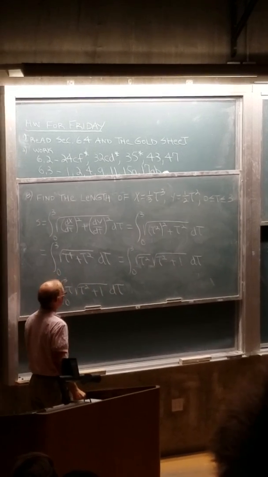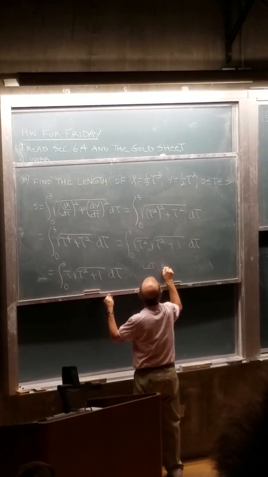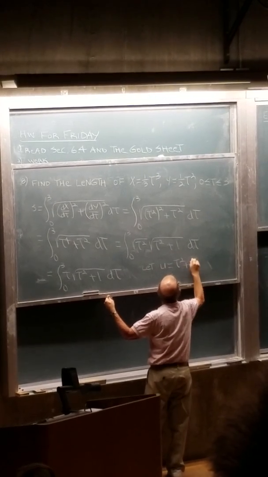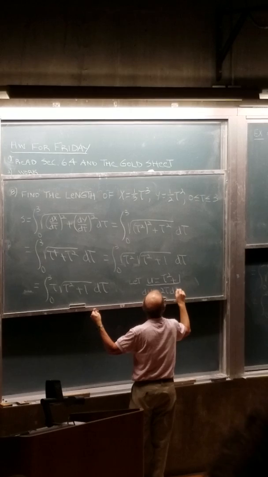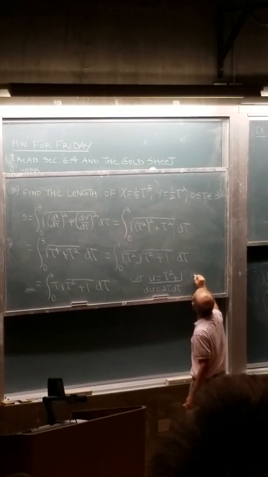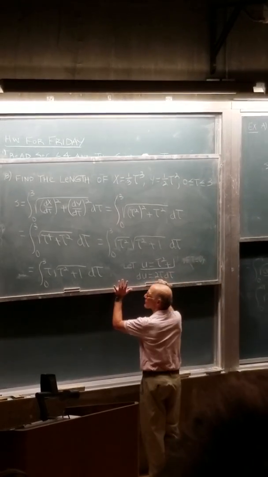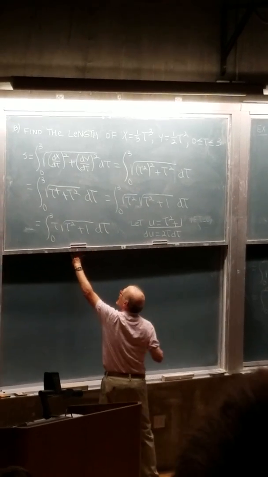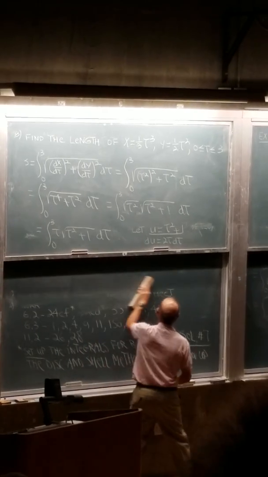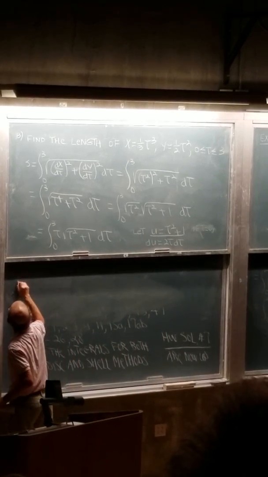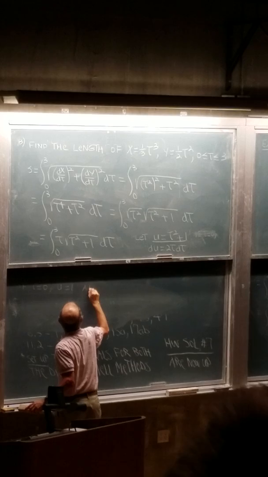So once we have that, now we can make a u substitution. We can just substitute u for t squared plus 1. If we do that, then du is going to be 2t dt. And if we look at our new limits, if t equals 0, u equals 1, and if t equals 3, u equals 10.